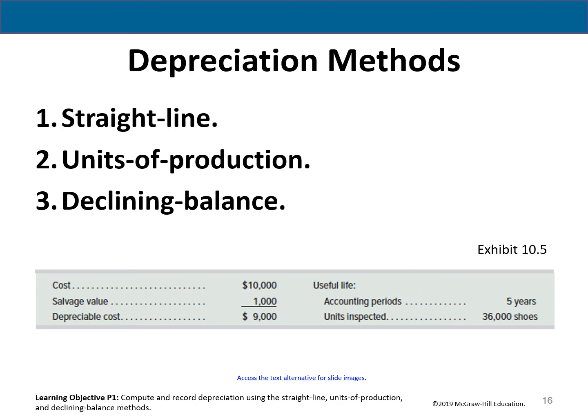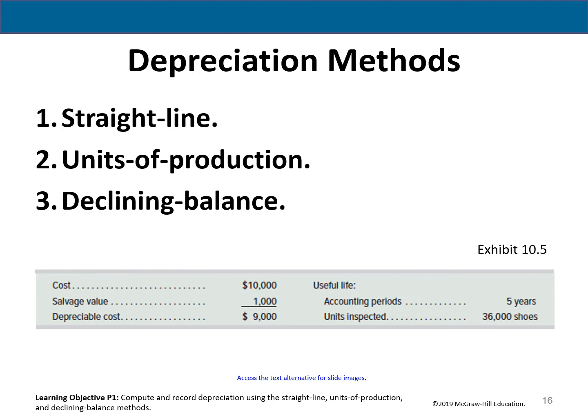Another way they define the life of this asset is the units of inspected shoes. So this piece of equipment should produce 36,000 shoes. If it was a truck, it could be miles. If it was a machine, it could be hours. So you could define the life of certain assets in other ways other than years.